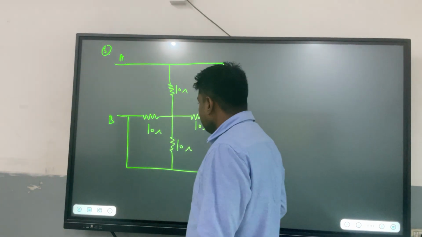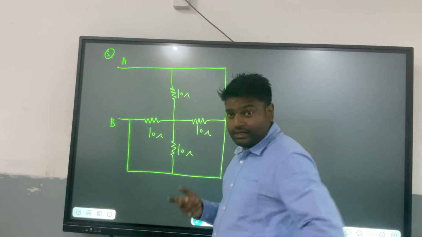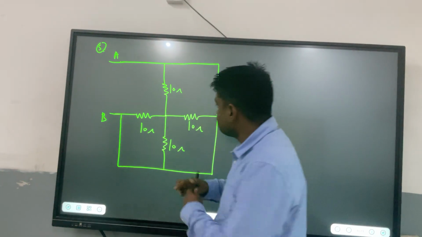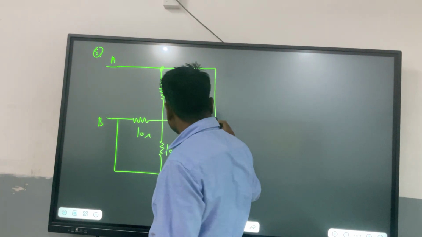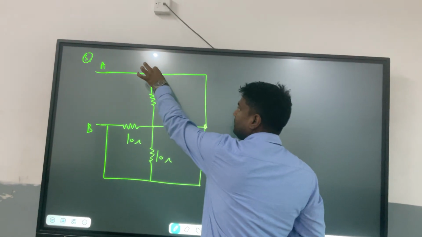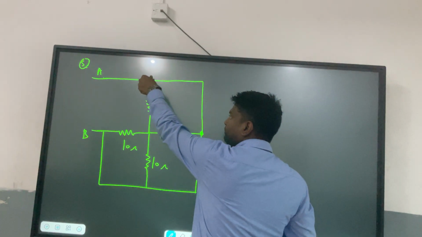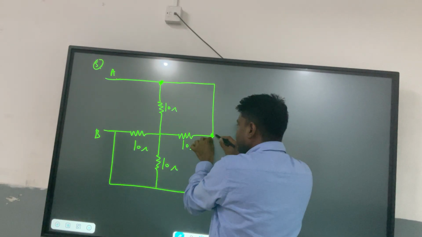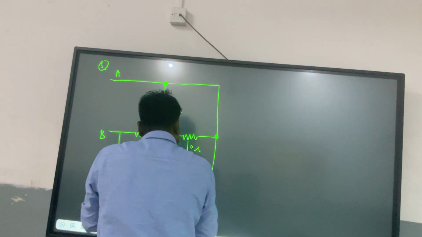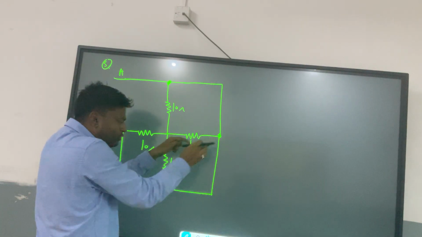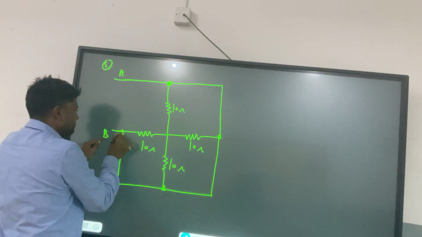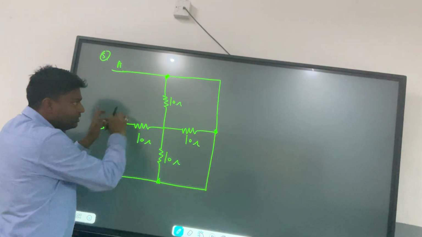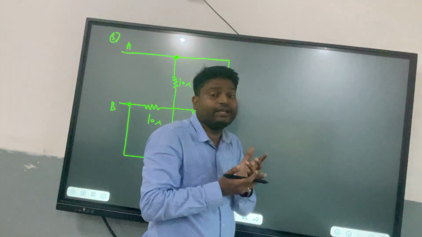Now, what are some students trying to say? Sir, this node is having the same potential. So they are putting this node on this. So 10 overlapping 10. Again, this overlapping this. So 10 overlap 10 overlap 10. Again, this node is the same. They overlap this. So these all four look like what?